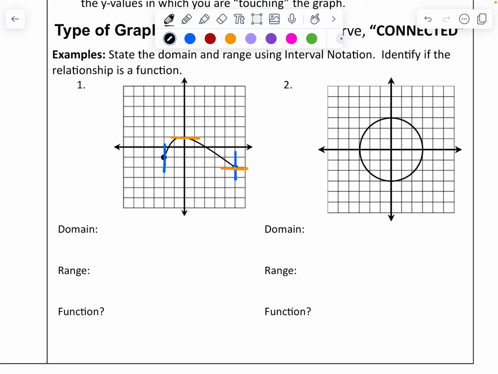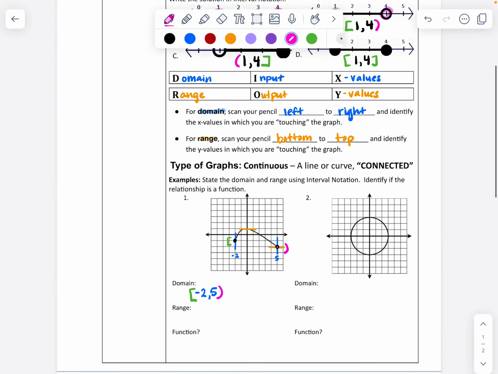So now we decide, I'm going to draw back in this open circle here so I remember that it's open. Now I'm going to decide how to list this with parentheses or brackets. For the domain, I'm at -2 and 5. And I have a closed circle on the left side, so I'm going to use a bracket there. And an open circle on the right, so that's a parentheses.